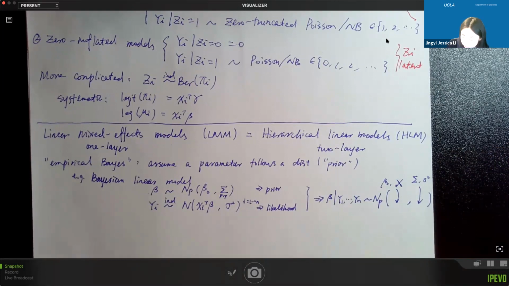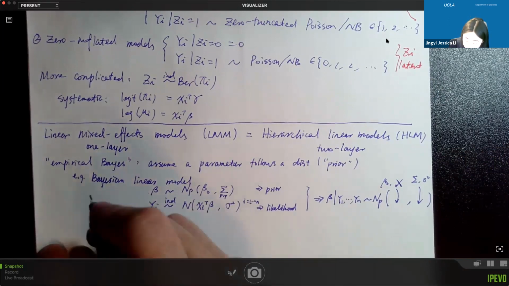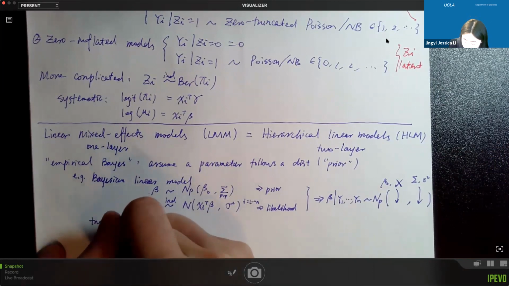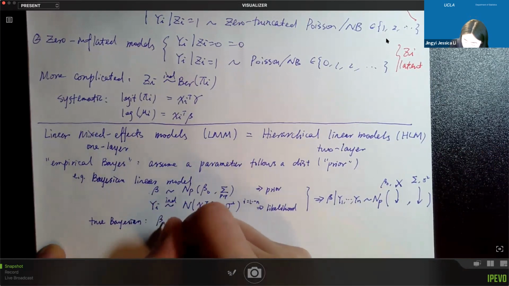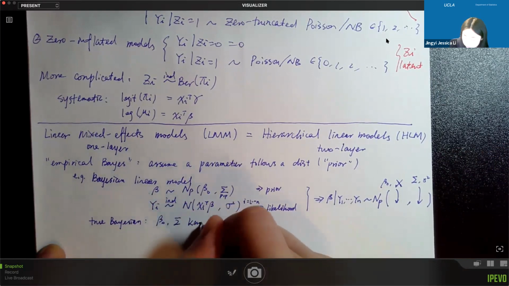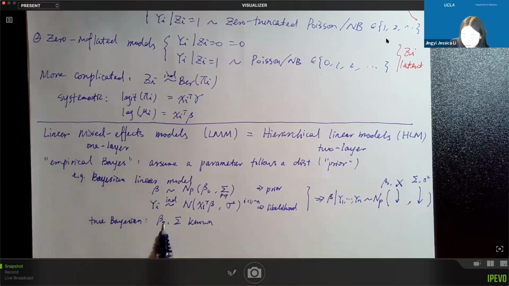So if you're a true Bayesian, then beta 0 and sigma should be known. Then beta 0, sigma must be known. So you actually have a prior. But if you don't, that's usually the case, right? We just use the Bayesian framework, but we don't really have a prior. Then these two things need to be obtained in some way. So what empirical Bayes does is that you estimate them from data.